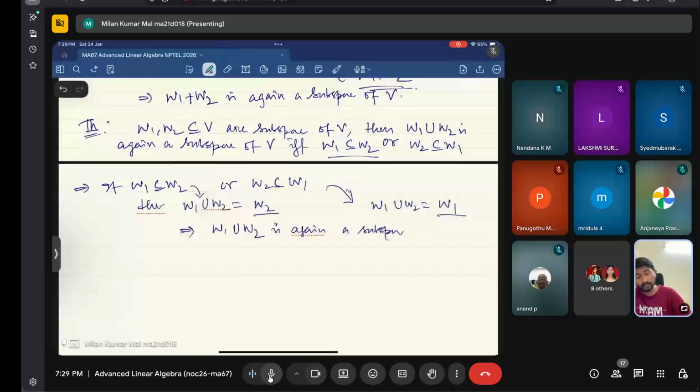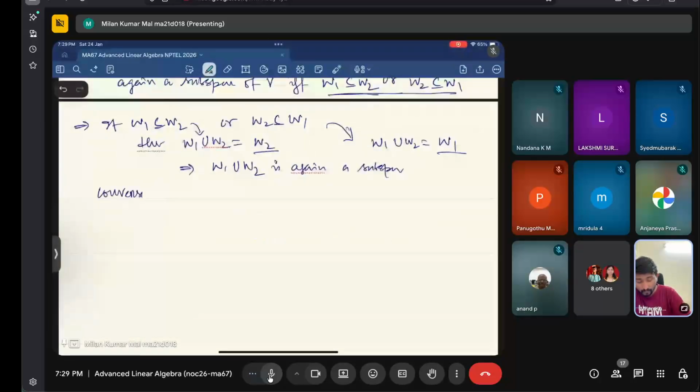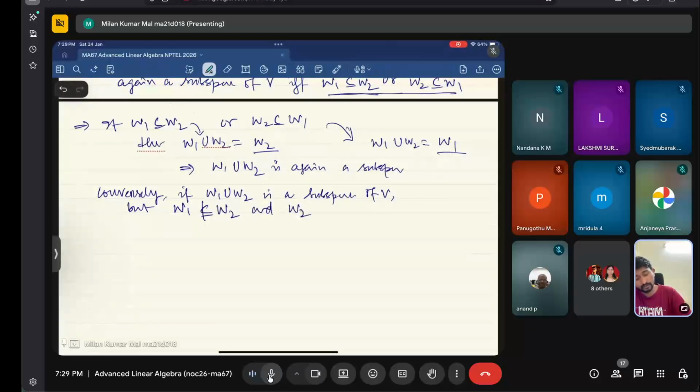So that means if this happens, then W1 union W2 is a subspace. That's clear. Now conversely, if W1 union W2 is a subspace of V, then we have to prove that either W1 is a subset of W2 or W2 is a subset of W1. Suppose W1 union W2 is a subspace of V, but W1 is not a subset of W2 and W2 is not a subset of W1.